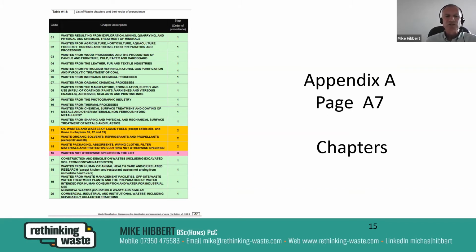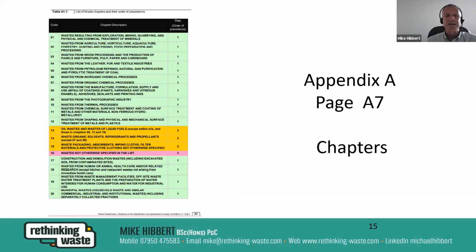Chapters 17 to 20 relate to activities that generate the waste, but not a specific industry. So chapter 17 is construction, demolition and excavation. So that could be an agricultural premises, it could be industrial, it could be a new housing estate.